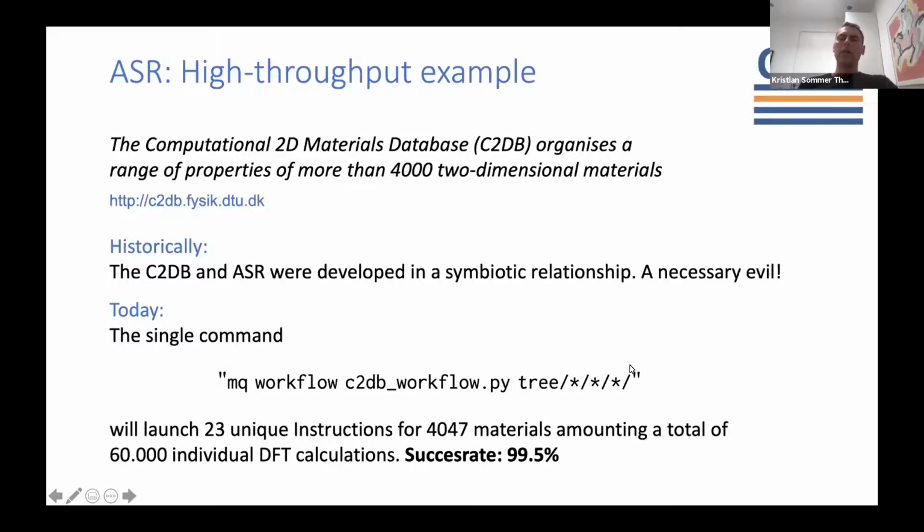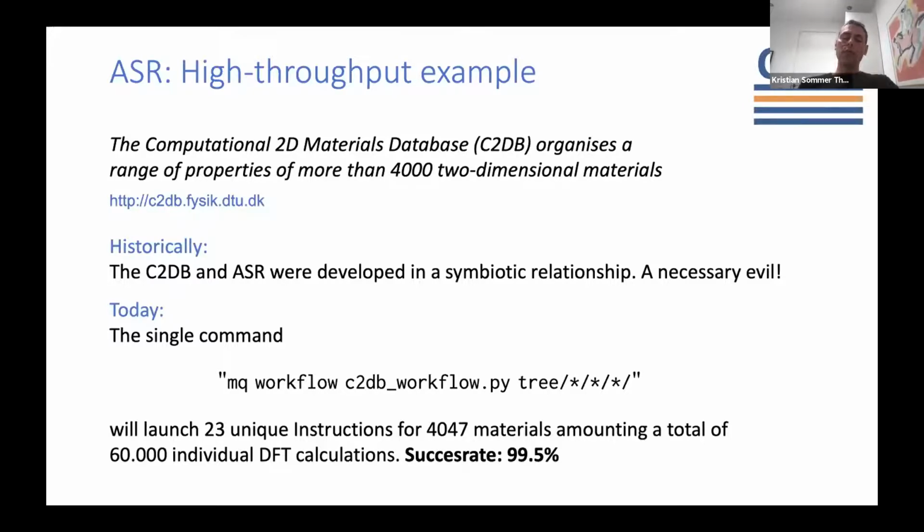And this single command here will then launch a number of recipes, 23 to be exact, for more than 4,000 different materials. And this amounts to a total of, we've estimated, about 60,000 individual DFT calculations that are then run with this single command. And the success rate of the calculations is actually more than 99%.